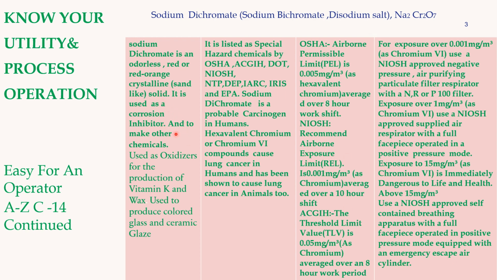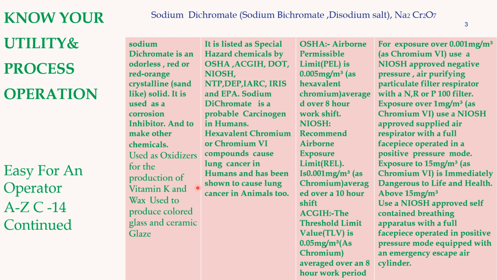Now in cooling towers as a corrosion inhibitor, it was used in many fertilizer industries and petrochemical industries. Now they have avoided it. But in pharmaceutical chemicals, sodium dichromate is used in the production of vitamin K and wax.